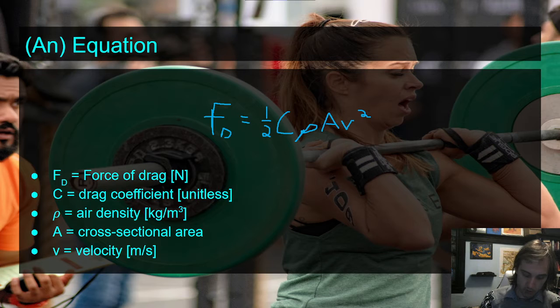And the problem is that this equation changes depending on how fast you're going. So previously, forces haven't depended on your speed. Now they do, which makes things a little harder.